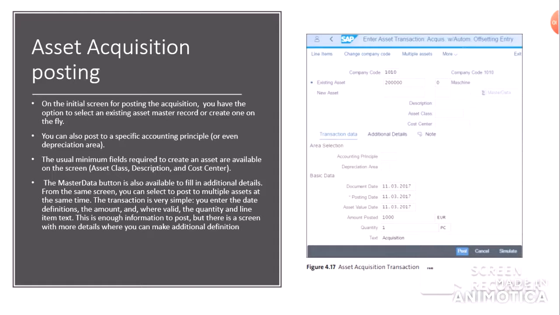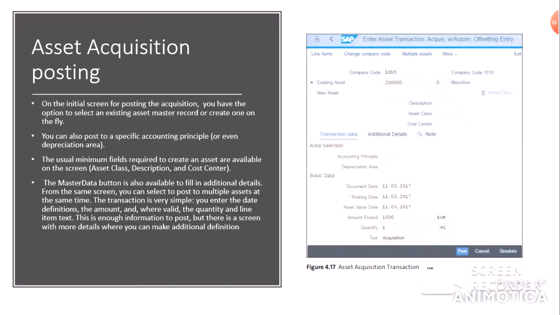So the screen looks like this. So nowhere we are giving the offsetting account, it will be picked up automatically from the configuration. On the initial screen for posting the acquisition, you have the option to select an existing asset or new asset.